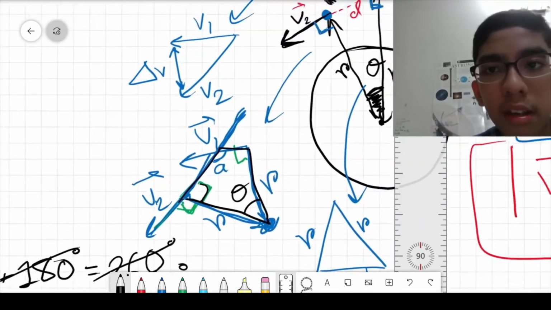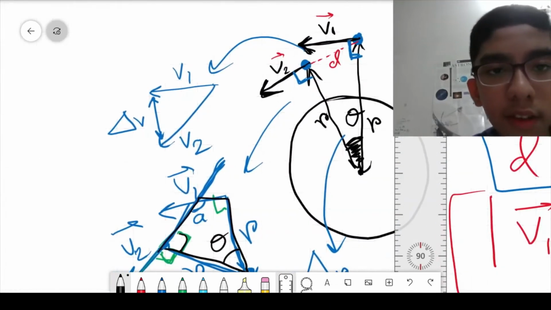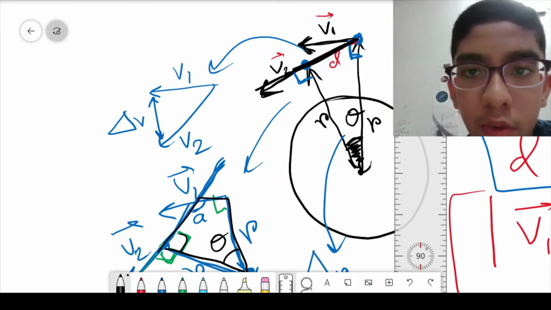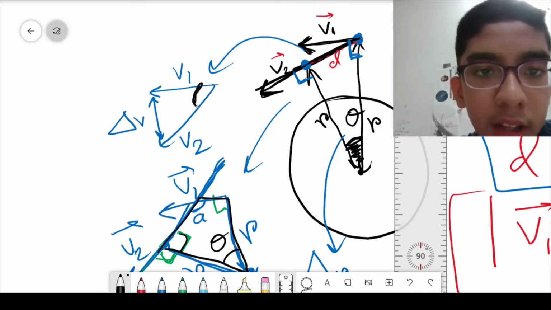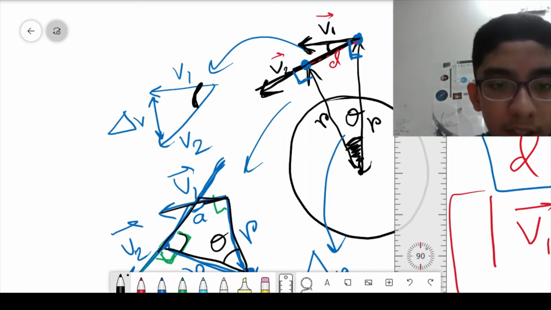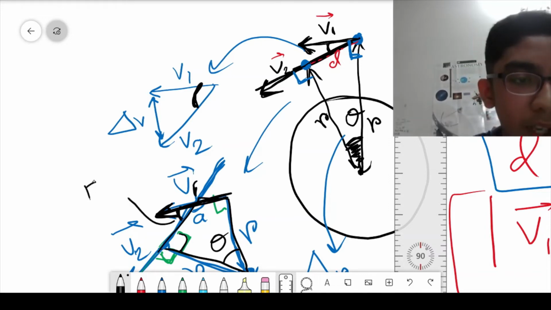Now see that in this triangle, as we have extended this v2, this angle here is actually this angle, and this angle, see, this is a straight line formed by v1, so this must be 180 degrees minus alpha.